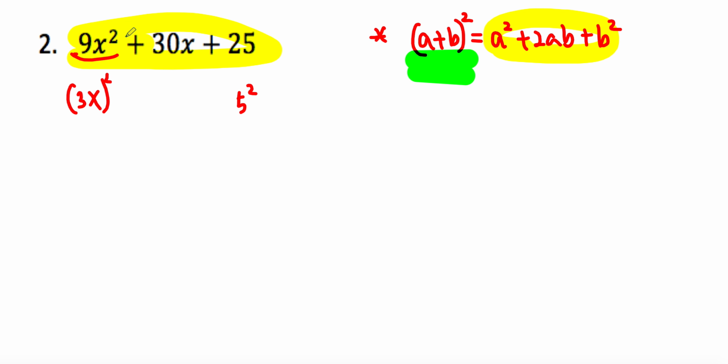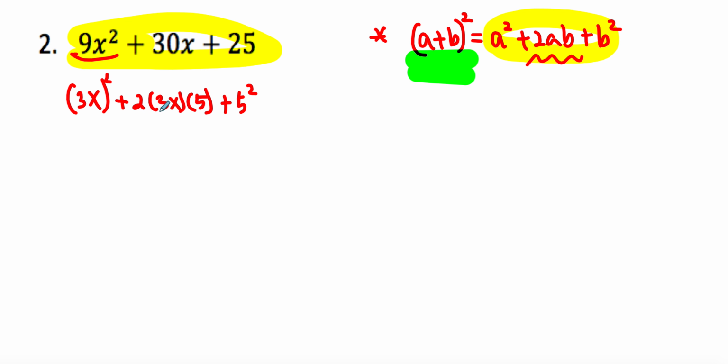So let's see if 9x squared plus 30x plus 25 matches this one. We realize the first term and the last term are perfect squares, as we have seen. The middle term has to be 2 times the product of those two, which is 3x and 5.